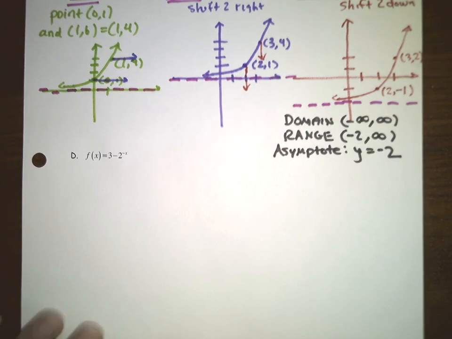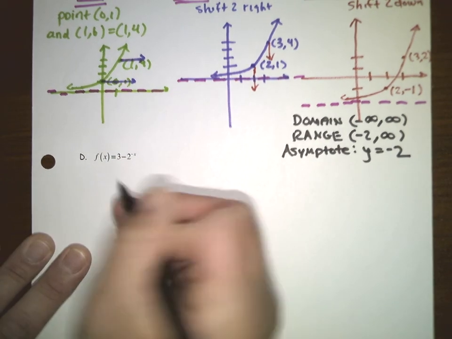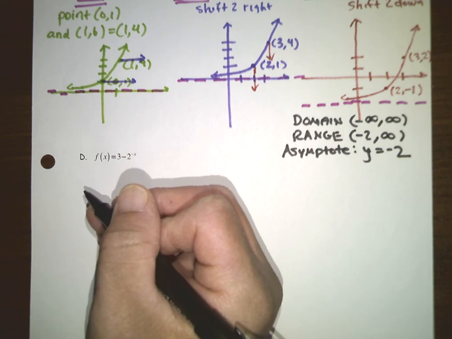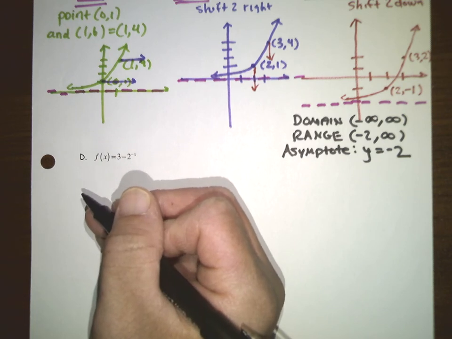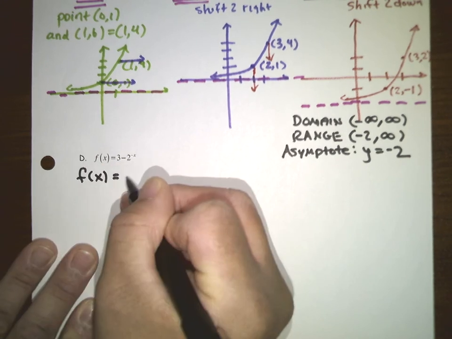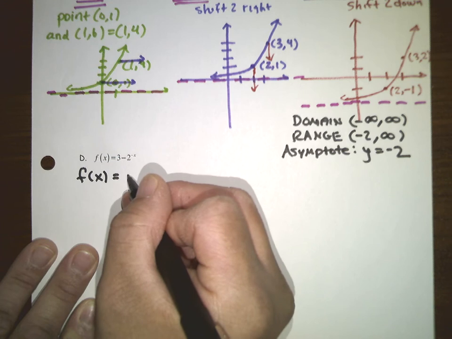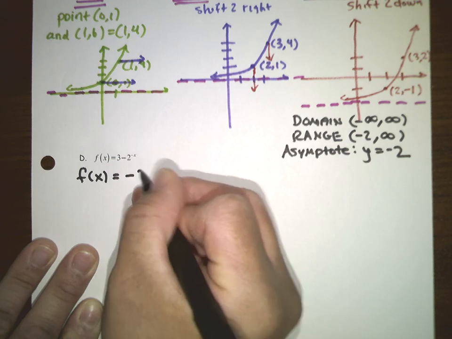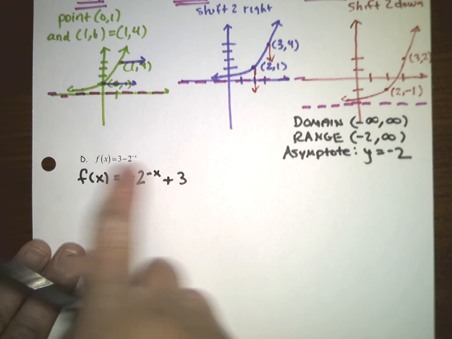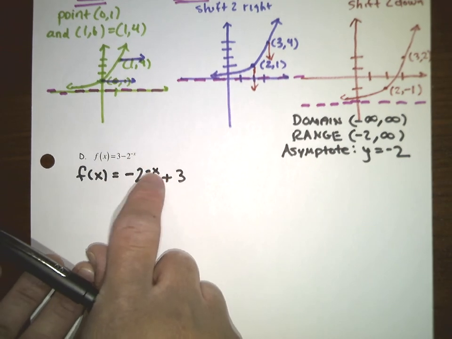All right, so let's try another one then. This one is a little bit different, or just maybe different in the way you would look at it, because I would probably rewrite this as -2 to the -x plus 3, so that I could see the shift up 3, but I haven't dealt with the negative exponents at all.